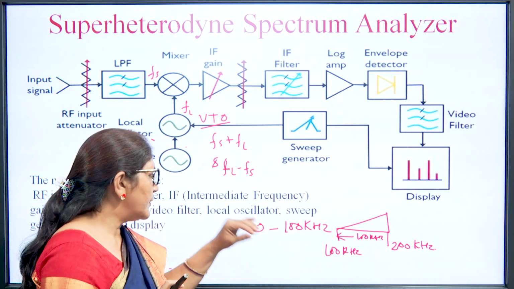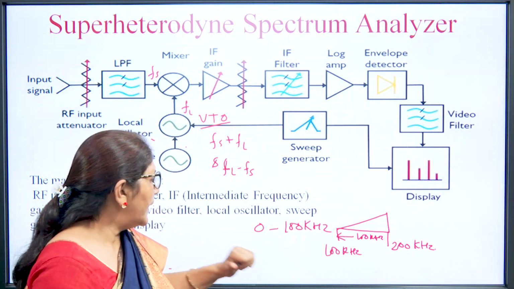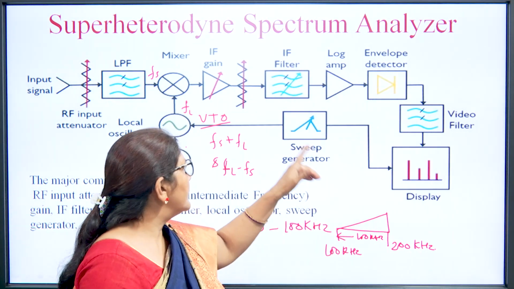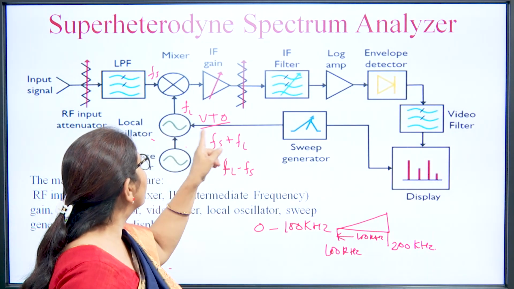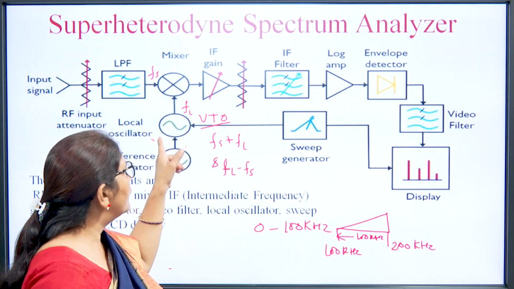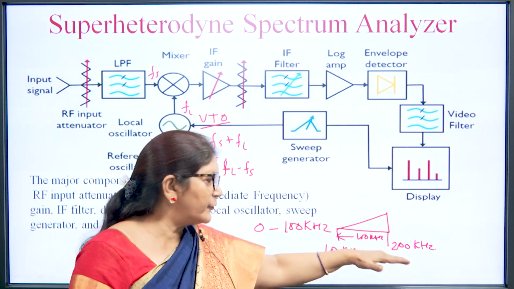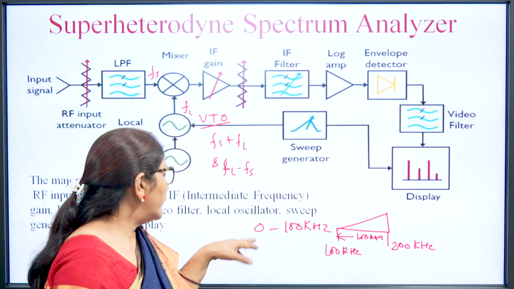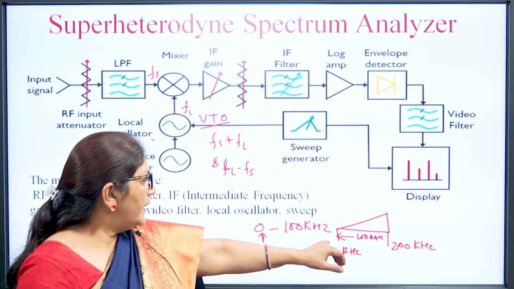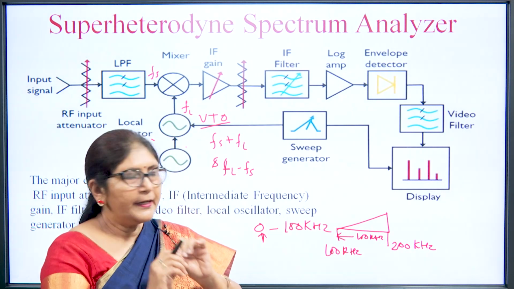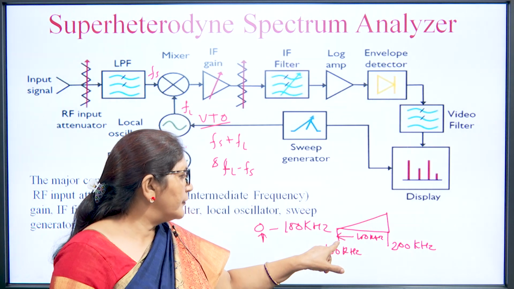So, what will happen? Suppose we want to measure 0 to 100 kilohertz frequency, and here this sweep generator is controlling the frequency of the local oscillator, and the local oscillator frequency is controlled like 100 kilohertz to 200 kilohertz. Suppose the signal of 0 kilohertz is applied, and at that time the electron beam on the CRO screen is at the 0 position.